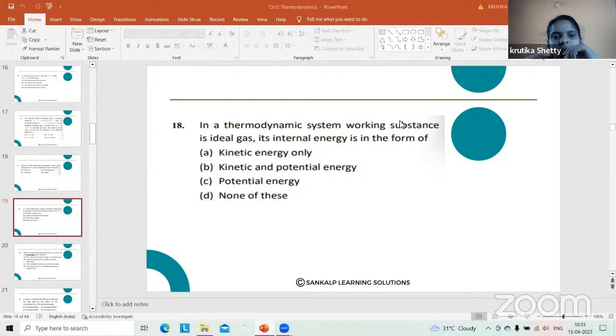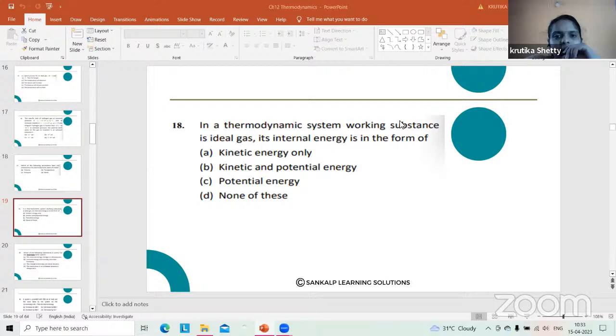Here the internal energy is always the sum of kinetic energy and potential energy. So internal energy is in the form of kinetic and potential energy. Option B is right here. I hope the voice is clear now. Option B, kinetic and potential energy.